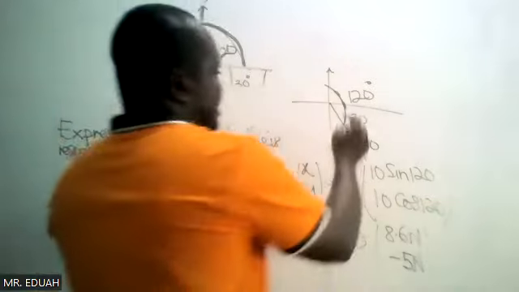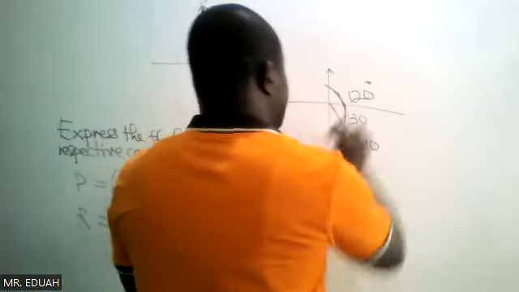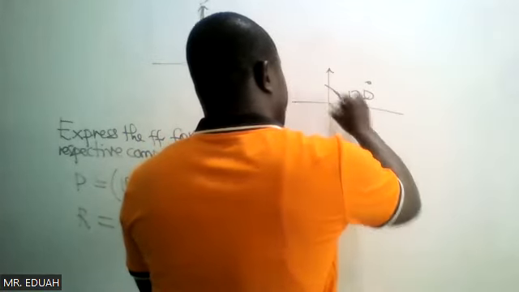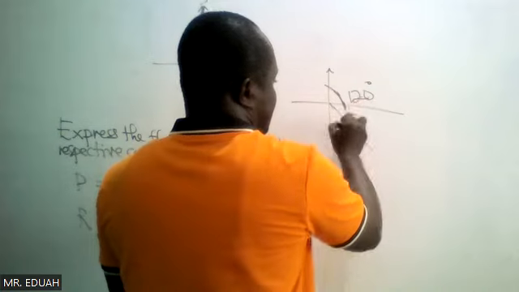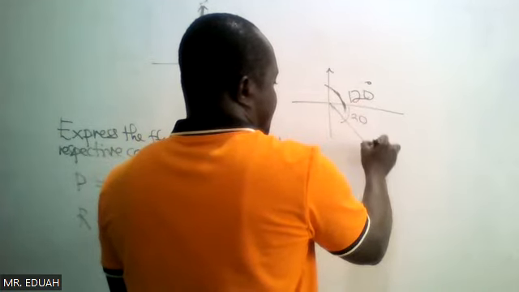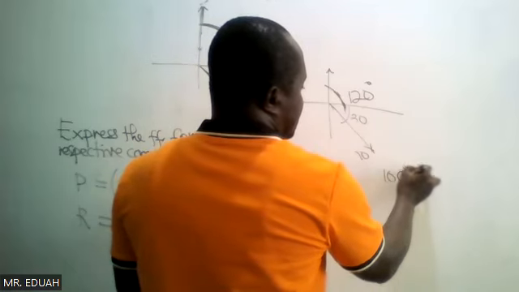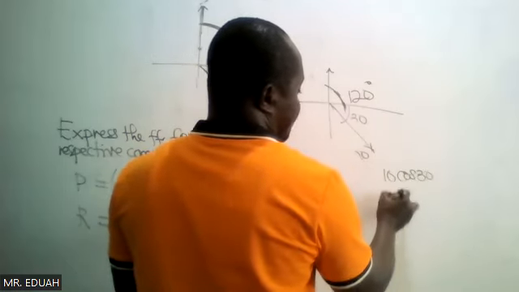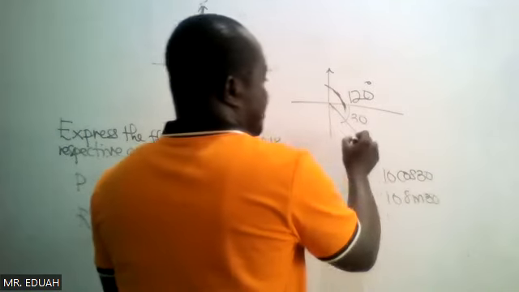So this is 30. Once this is 30, then I can resolve it with the angle it makes with the x. So 10 cos 30, 10 sine 30.